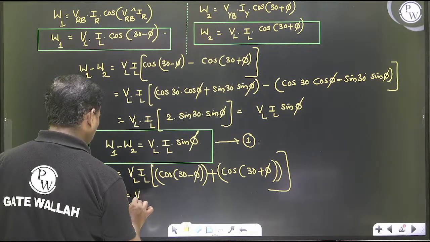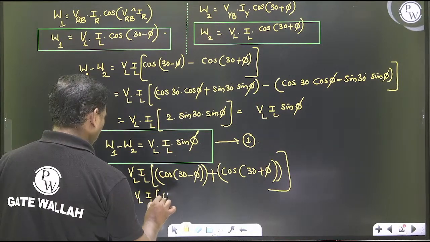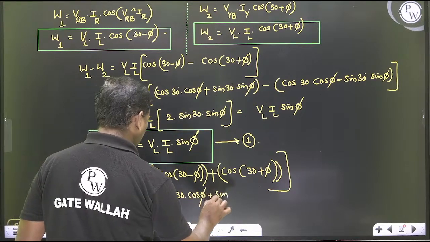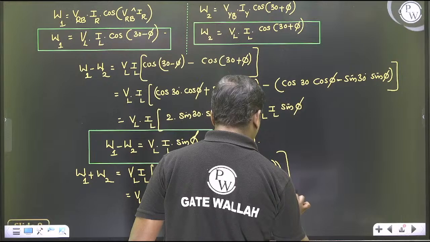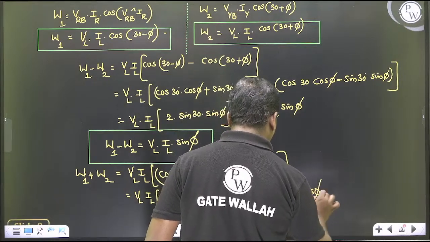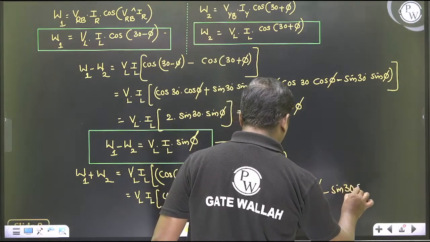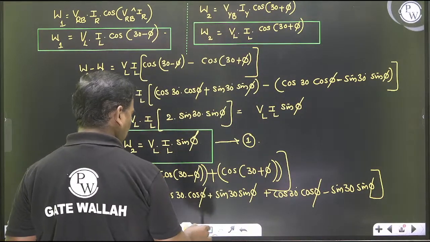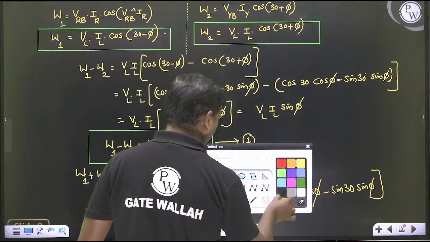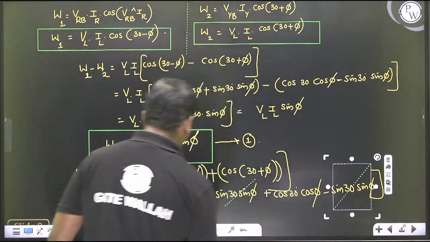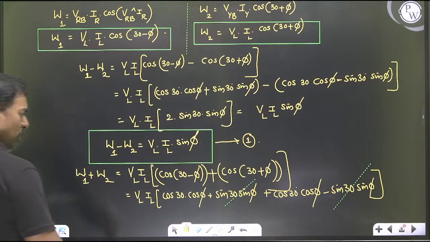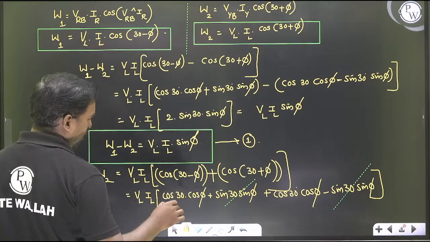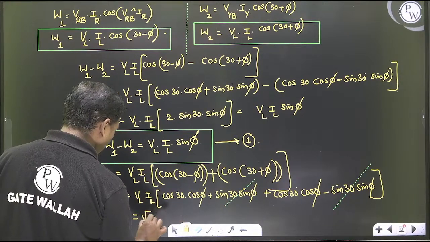If you substitute this, this is VL IL times cos A cos B plus sin A sin B, plus cos A cos B minus sin A sin B. So now the sin terms get cancelled. It will be 2 cos 30, which means root 3 by 2. So it will become root 3 VL IL cos 5.